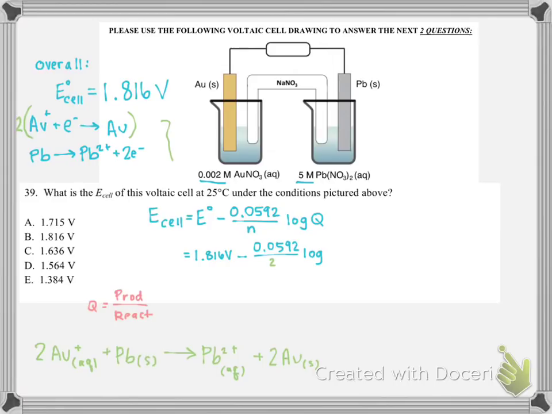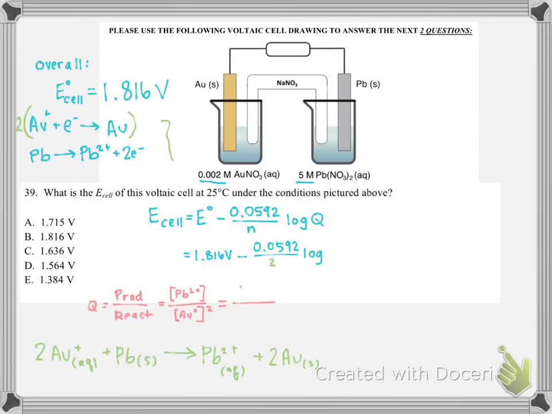So now we can use this reaction to figure out our Q. And so we're going to have our aqueous products, which will be the lead ions, just to the power of 1, divided by concentration of gold ions squared because of that coefficient. And so we can put in the concentrations right underneath the beakers up there.